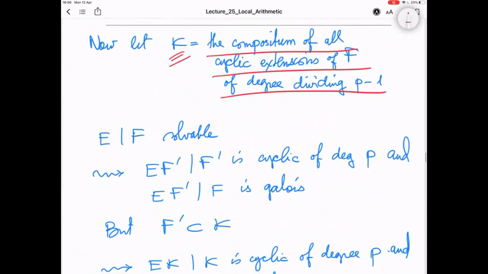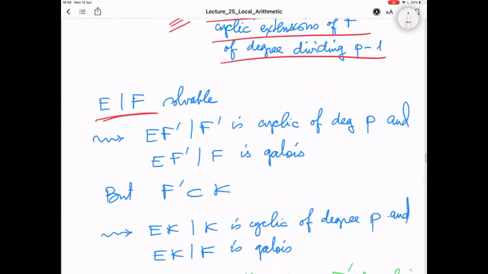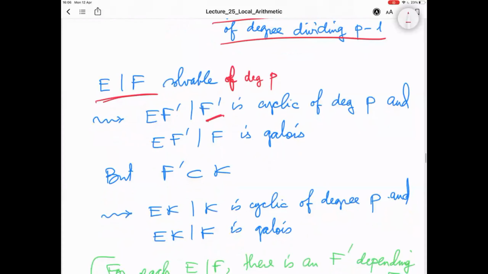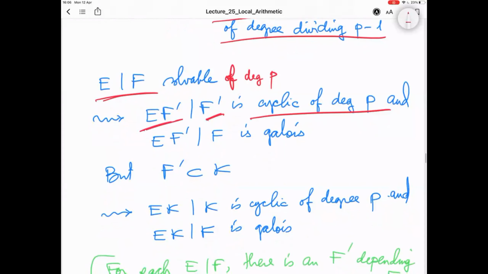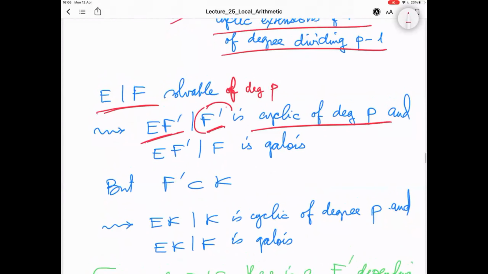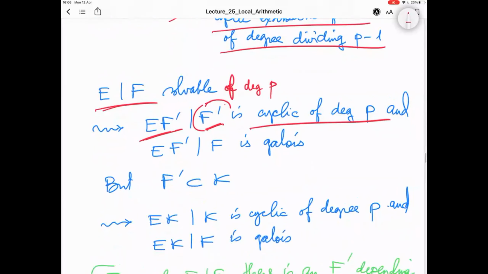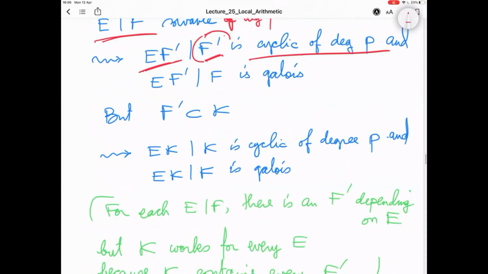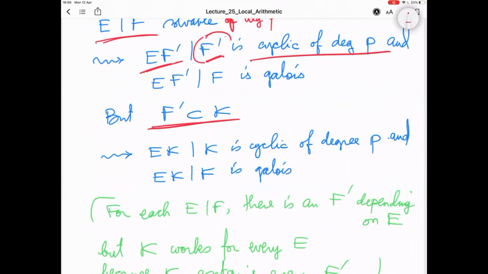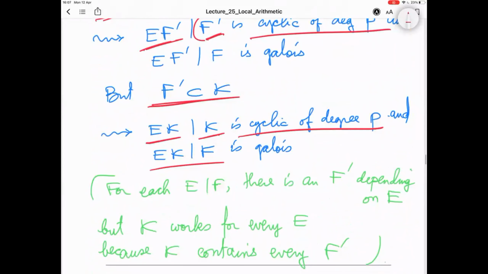It said here, if I have a solvable extension E of degree P, then there's an extension F prime of degree dividing P minus 1, such that EF prime is cyclic of degree P over F prime and Galois over F. All such F primes are contained in K. So EK over K is going to be cyclic of degree P, and EK over K is Galois.